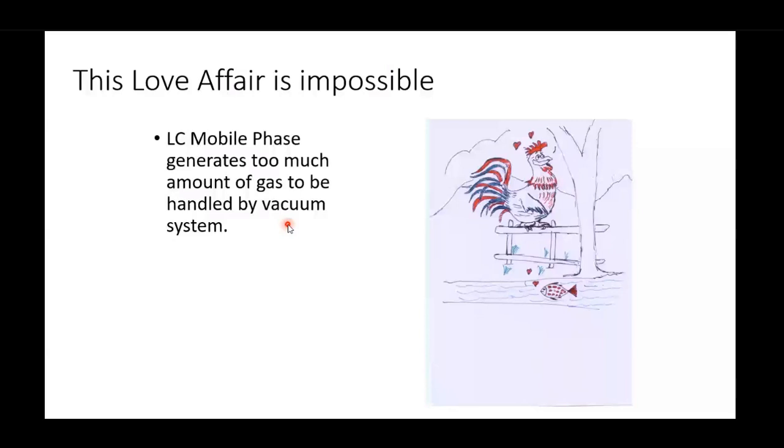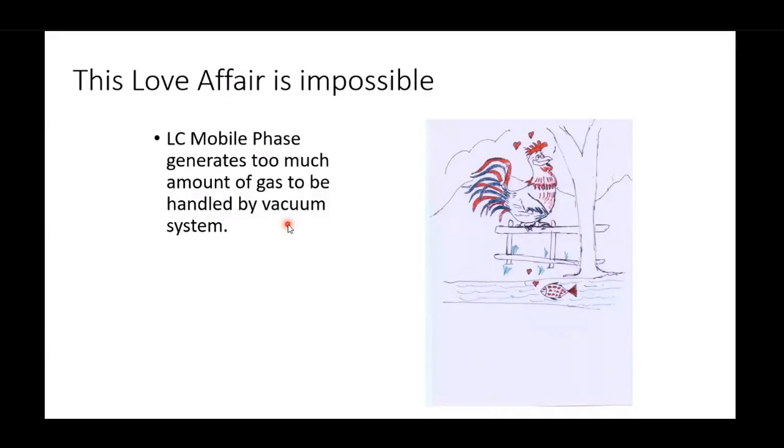Now 1 ml of water would generate 1.2 liters of gas, 1200 ml of gas at NTP, while in capillary column GC we are using 1 ml of gas as mobile phase. That much gas can easily be handled by the vacuum system, but 1 ml of liquid converted into 1200 ml of vapor cannot be handled by a vacuum system.